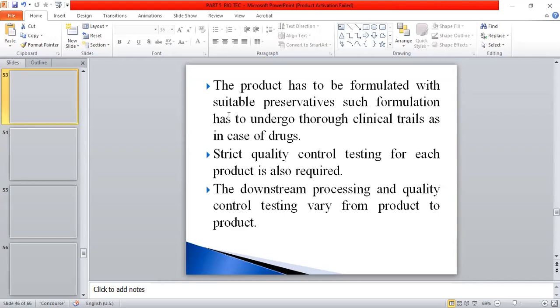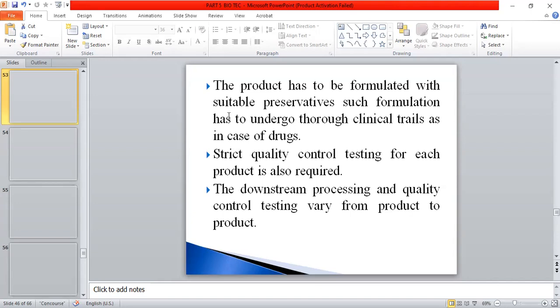So with the suitable preservative, such a formulation has to undergo clinical trials, as in the case of drugs. If it is a drug, it undergoes clinical trials. That is very, very important. They will not use the product directly on human beings. They do trials first.